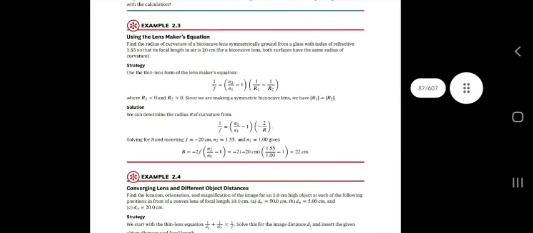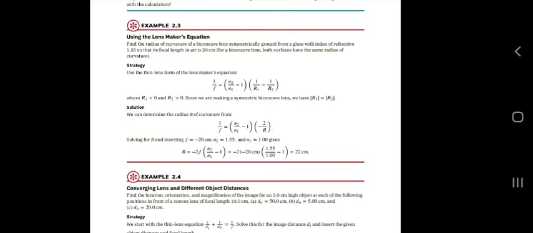So using the lens maker's equation, find the radius of curvature of a biconcave lens symmetrically ground from glass with index of refraction 1.55 so that its focal length in air is 20 cm. For a biconcave lens, both surfaces have the same radius of curvature.